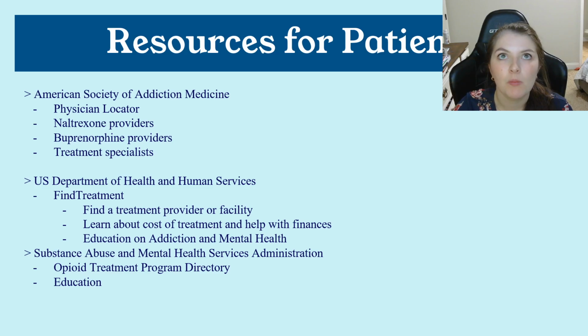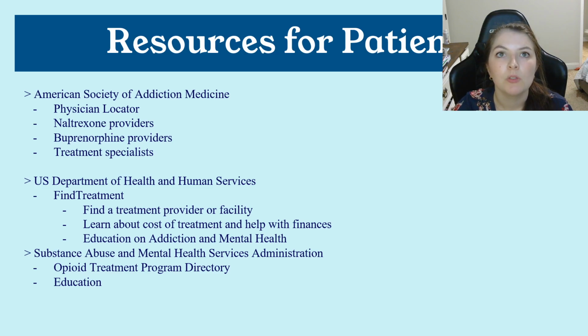The U.S. Department of Health and Human Services offers additional resources through their Find Treatment platform, where individuals can find a treatment provider or facility that suits their needs best. It can help them find appropriate care, whether it's inpatient or outpatient services. They have valuable information about the cost of treatment, as well as financial assistance and education on addiction and mental health.